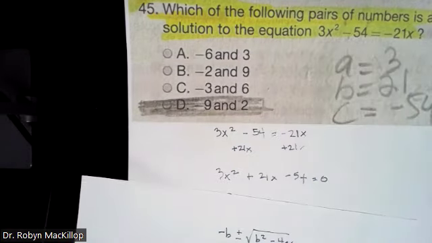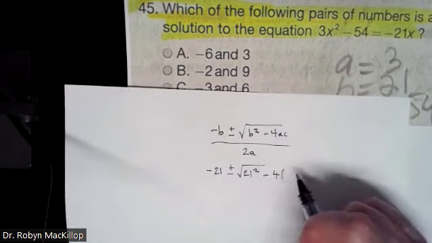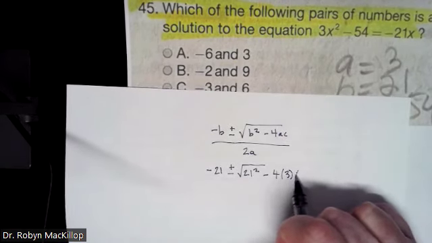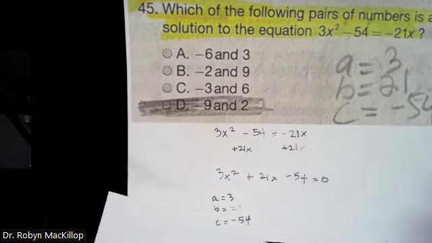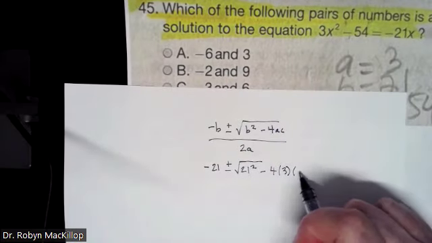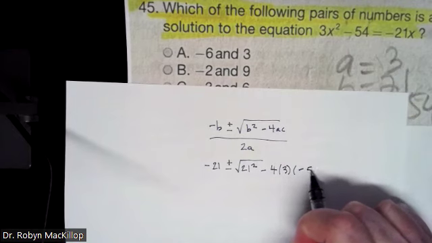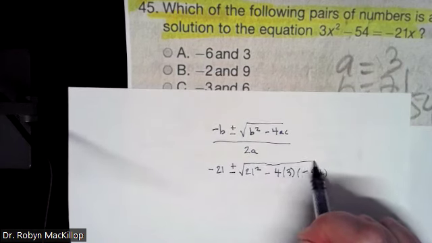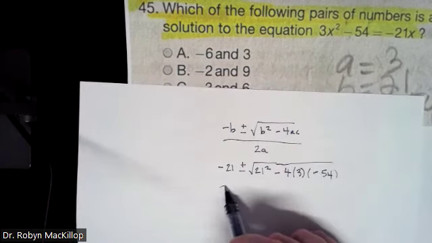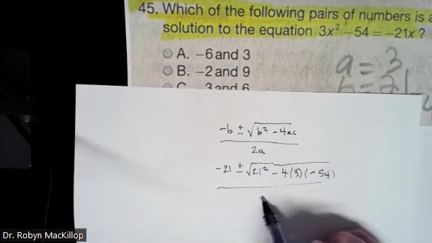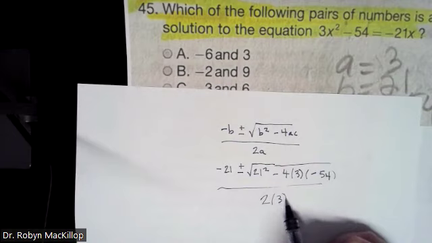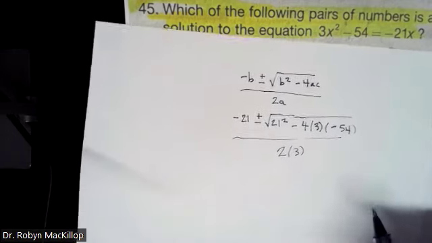A is going to be 3 times c is negative 54. And this line goes all the way across. And that's all going to be over 2 times a, which is 3. All right, now we're going to break that down.